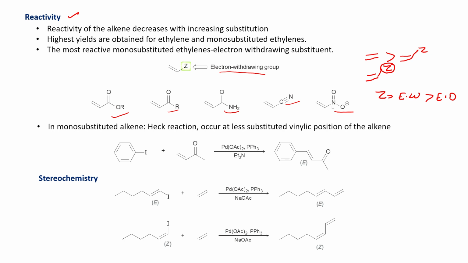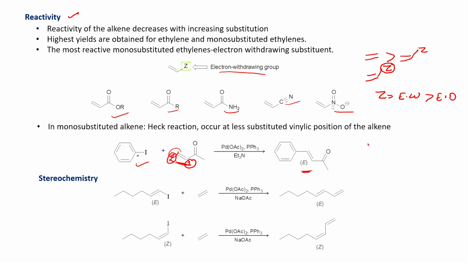In monosubstituted alkene, look at this reaction. Your organoelectrophile is reacting with this ethylene part. So this carbon can bind at carbon 1 or 2. So where will it bind? In this case, this carbon will bind at carbon 2, which is less substituted, and your product will be in E configuration.